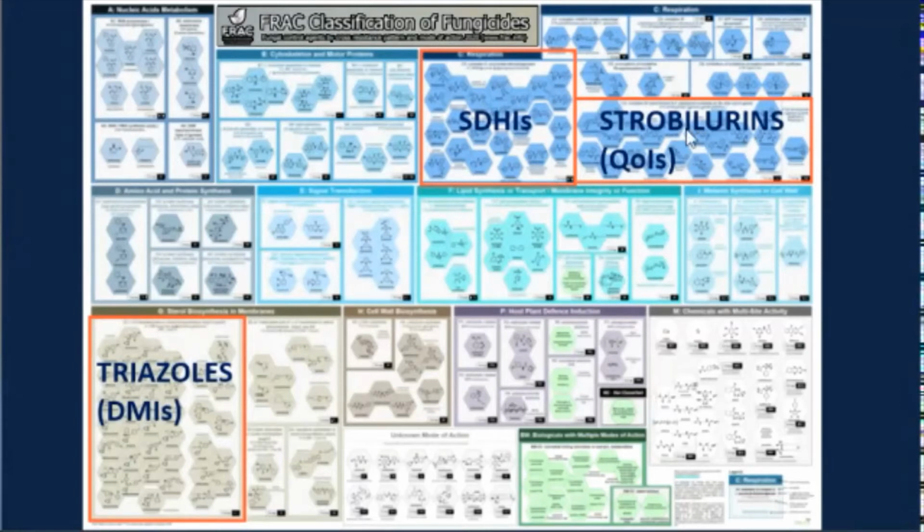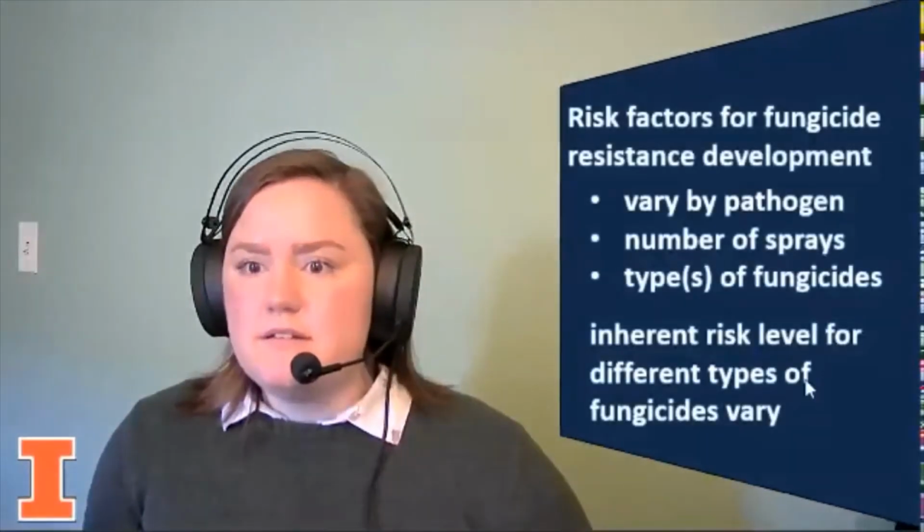So even though they affect essentially the same system in the cells, if you have resistance to strobilurins, it doesn't mean that you will also have resistance to SDHIs. But regardless, rotating those modes of action is going to be imperative to mitigating fungicide resistance development.